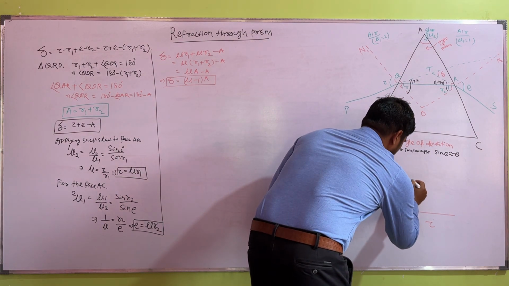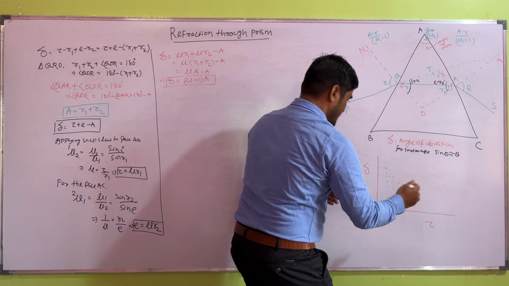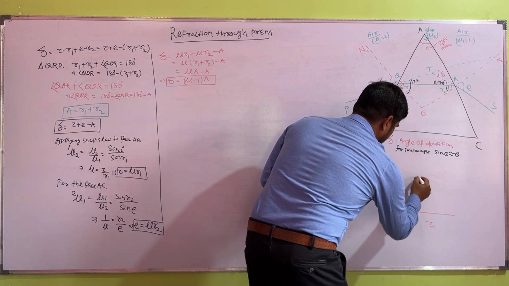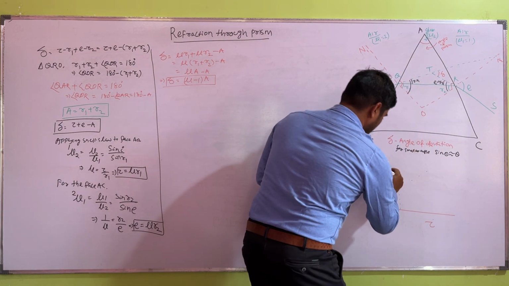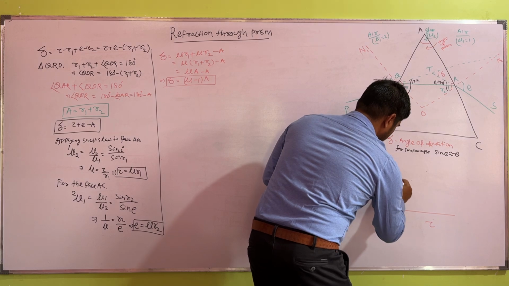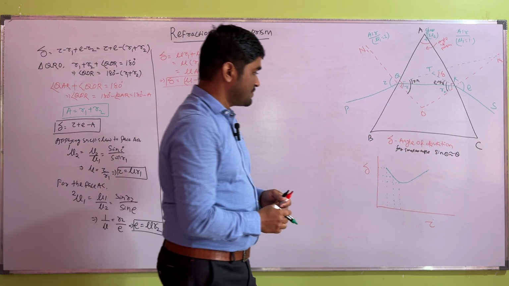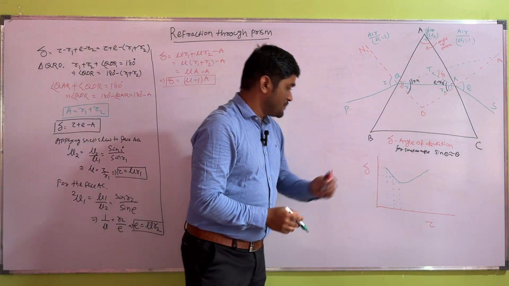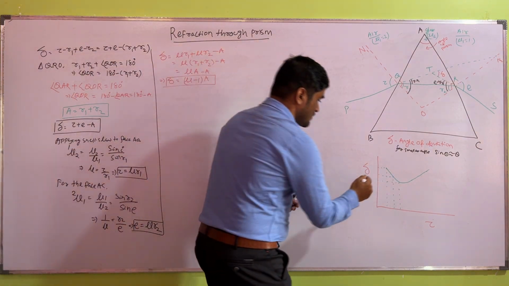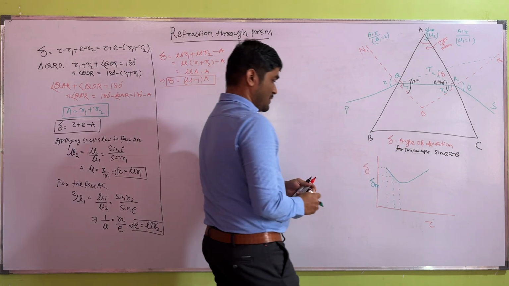That means for this value, with increase in angle of incidence, the angle of deviation will increase. If you join all the points, it will be like this. Clear? So the minimum value is known as the angle of minimum deviation.